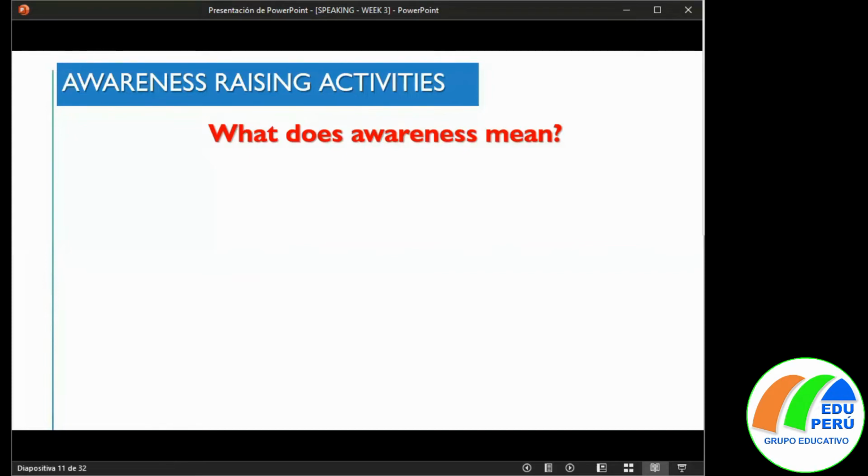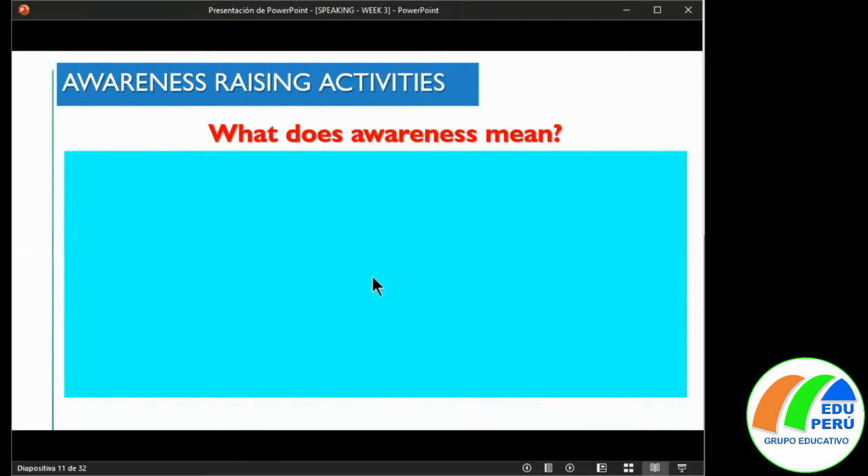Yeah, that's it. To have knowledge, this is something related to awareness. When you are conscious about something, it means that you are acquiring some knowledge. Yeah, that's it. So let's see here some definitions related to awareness to have this term clear.